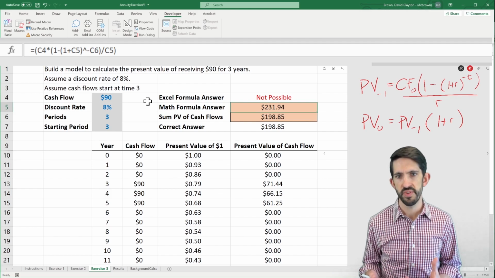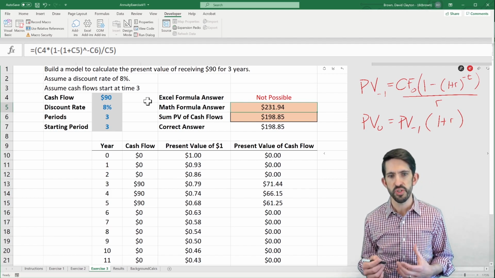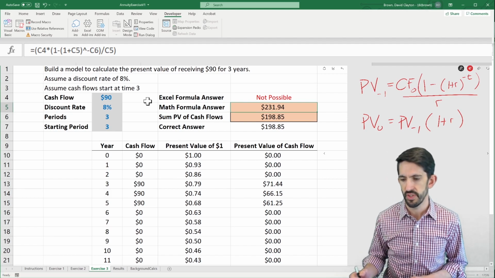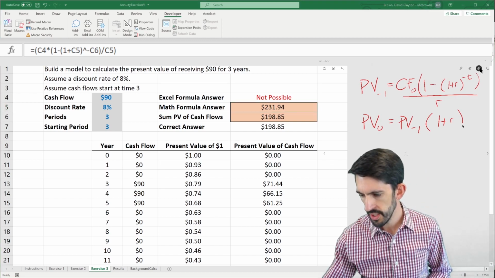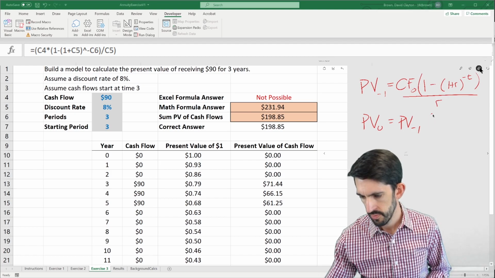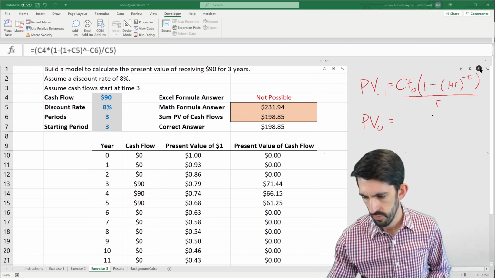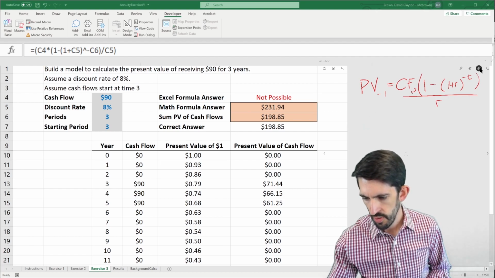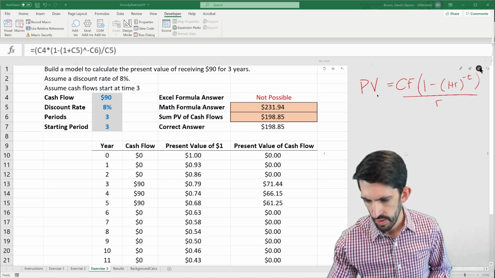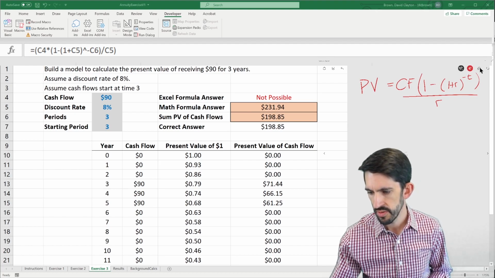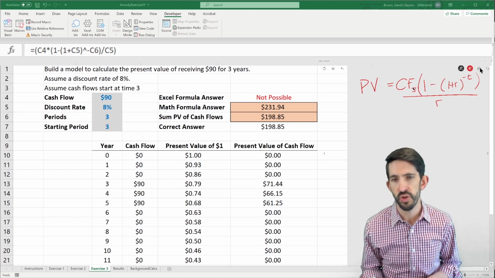All right, so with the present value of annuity, now we know we're starting with cash flow 3. All right, so let me delete a little bit here of our writing. I'm going to erase this. And now we know that our cash flows, well, they start in period 3.